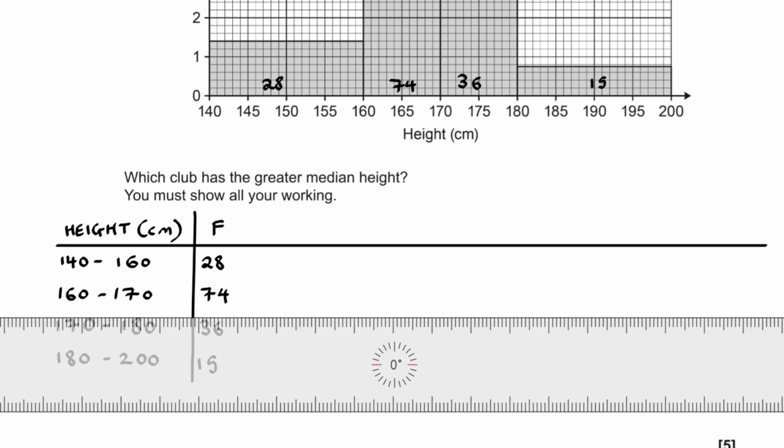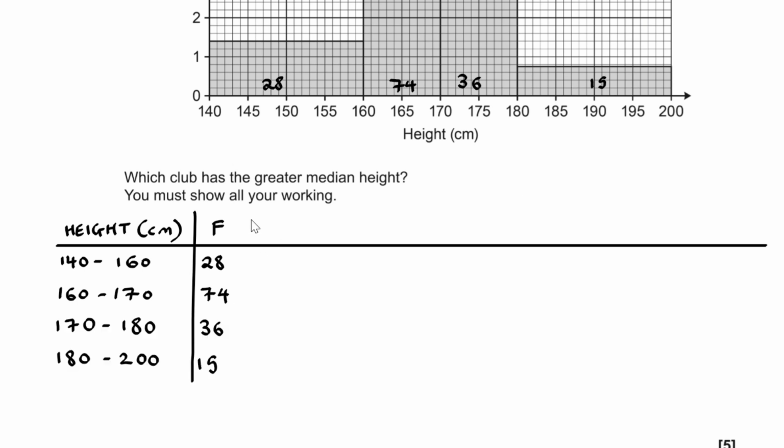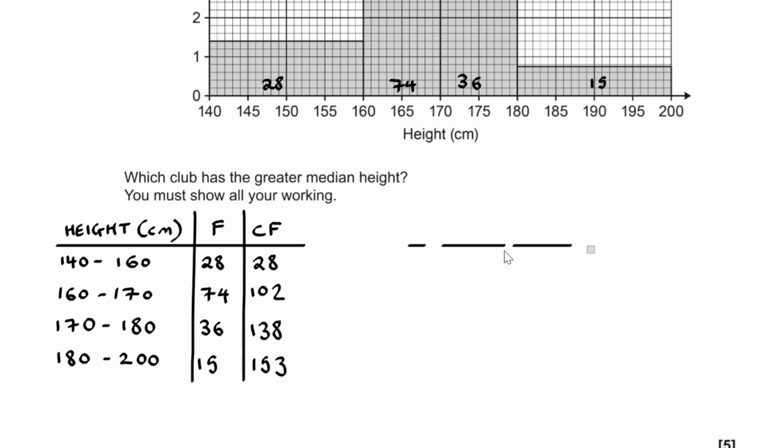And what we can now do is find the cumulative frequency. For the cumulative frequency, we begin with 28, then 28 plus 74, that's 102. 102 plus 36, that's 138. And adding 15 to this, we get 153. And that's in line with what was mentioned. We have 153 people in total.